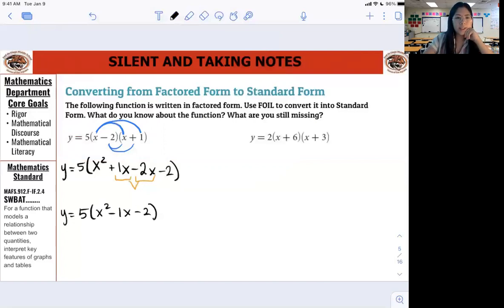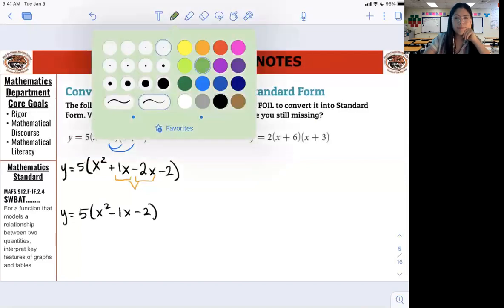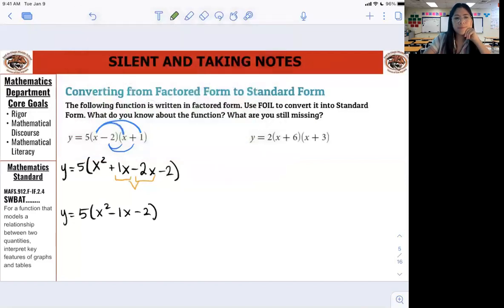And what's the last thing I got to do? I still have parentheses. Distribute. Yeah, we're just going to go ahead and distribute. And then boom, we'll be in standard form. Here we go. So 5 times x squared, I get 5x squared. 5 times negative 1x, I get negative 5x. 5 times negative 2, I get negative 10.